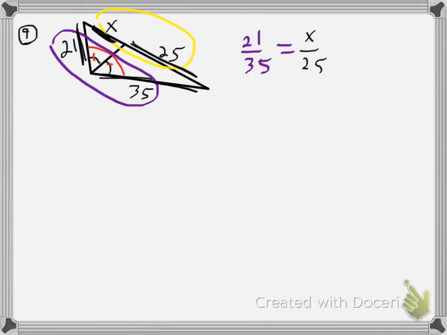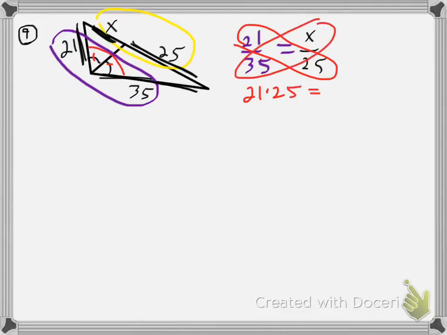So now we can cross multiply. 21 times 25 equals 35 times x, and now I'm going to divide by 35. Cancels out there. Here I'm going to divide by 35.